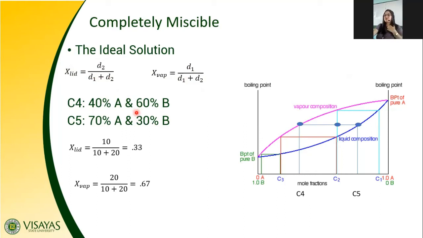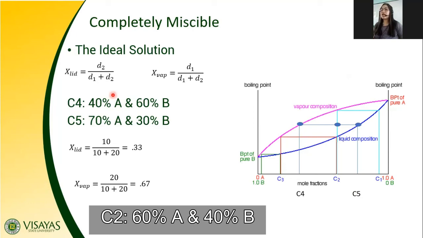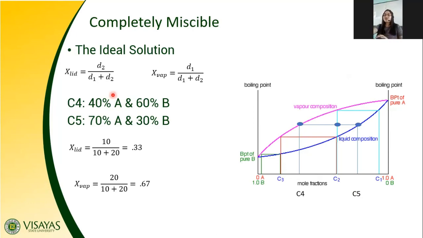For C4, you have 40% A and 60% B, and for C5, you have 70% A and 30% B. Let's deal with composition A only. Let's do the calculation for composition A, distance 2.